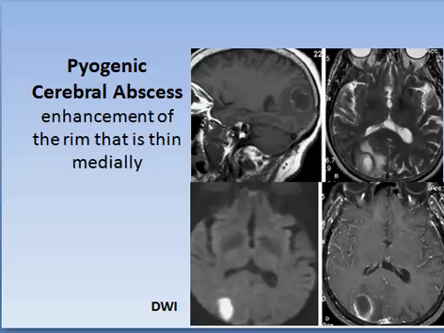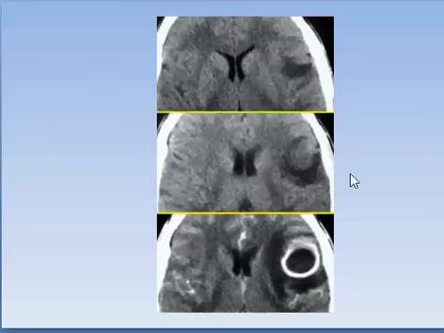But generally it is smooth, of uniform thickness, with smooth outline, exterior and interior. Edema is usually surrounding the abscess, and the contrast enhancement is usually intense.